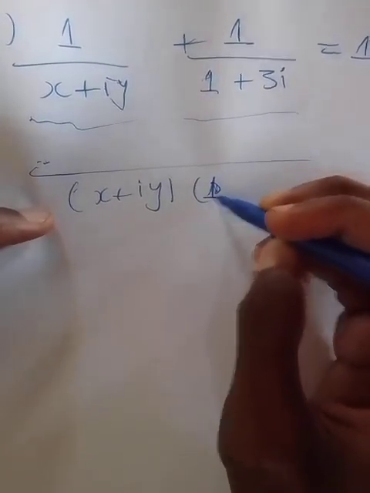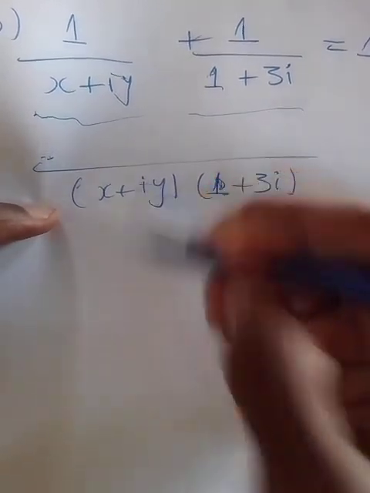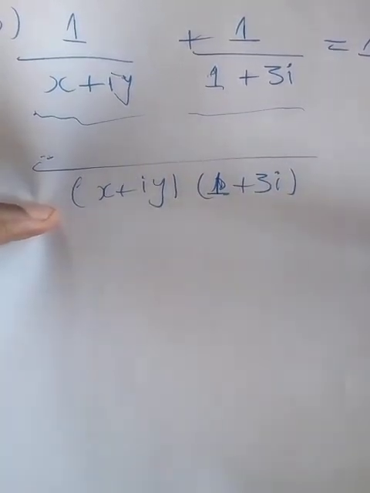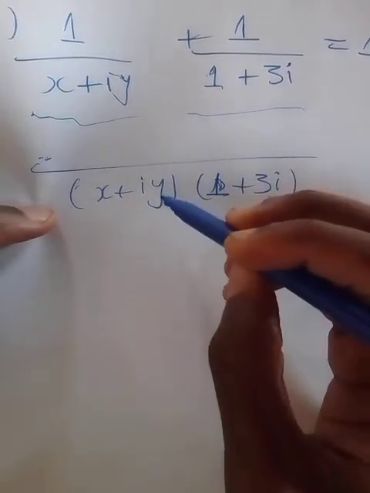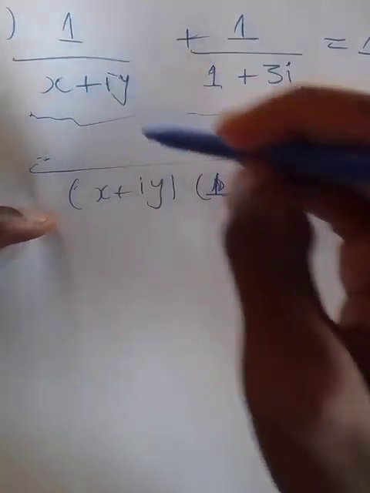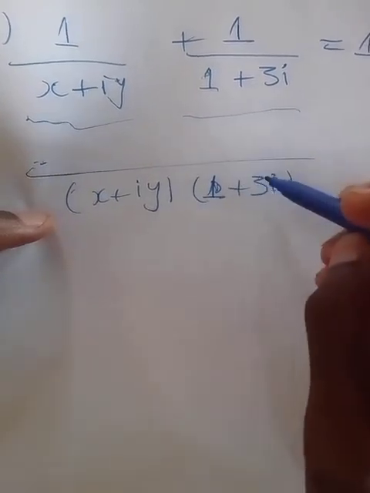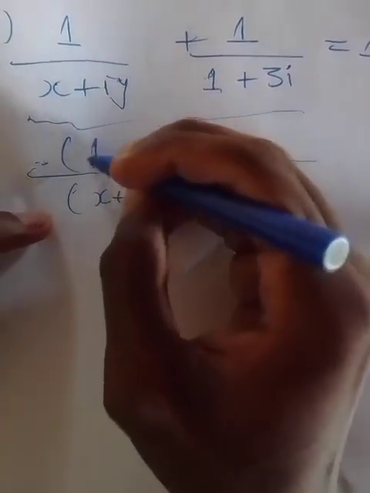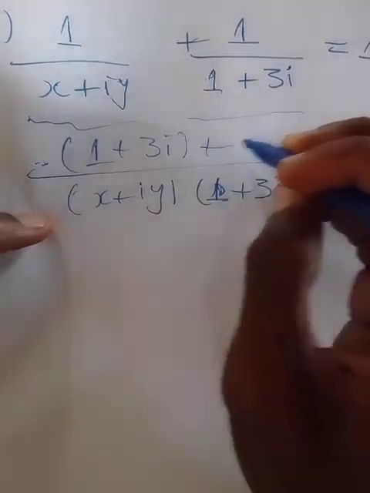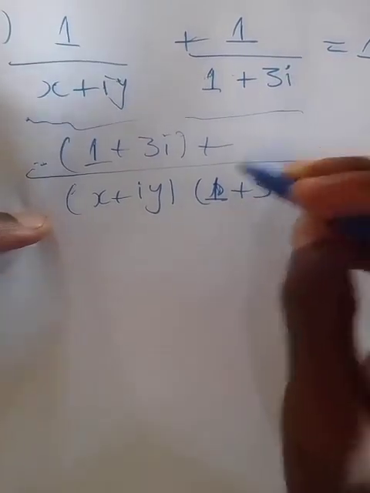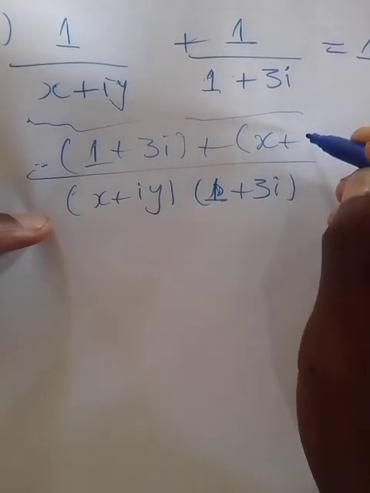What you're going to do now is say this into this, and you're going to get this back: 1 plus 3i. Plus the other one, it's going to cancel, so you get x plus iy back there. So now in short, you have to leave this in a single fraction.